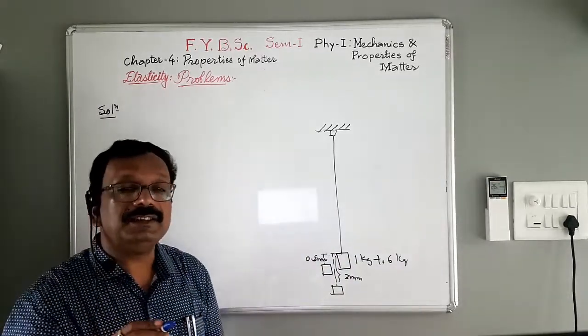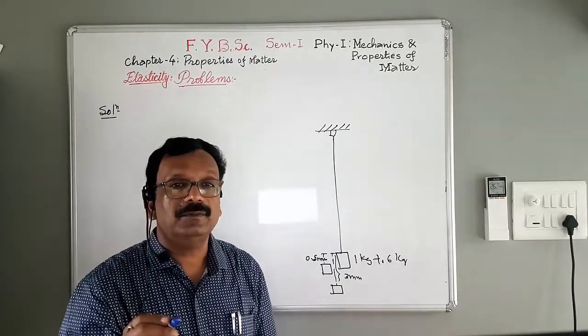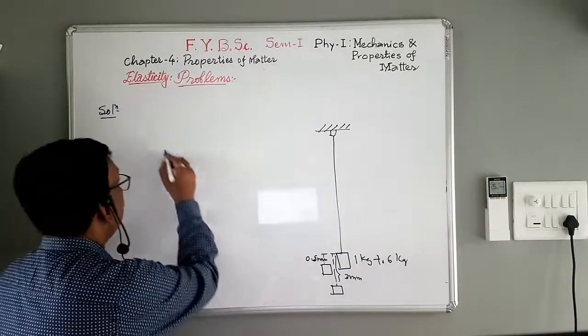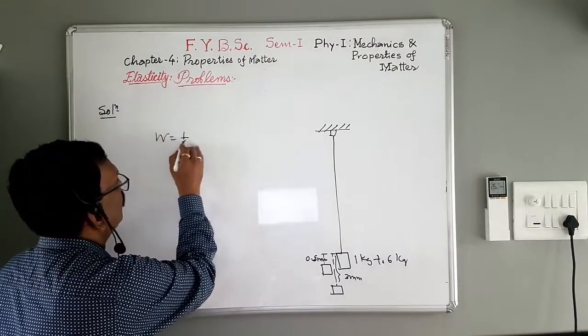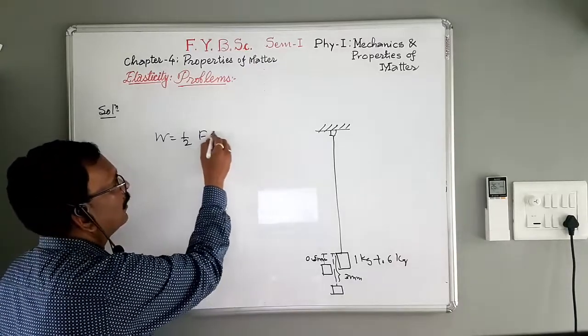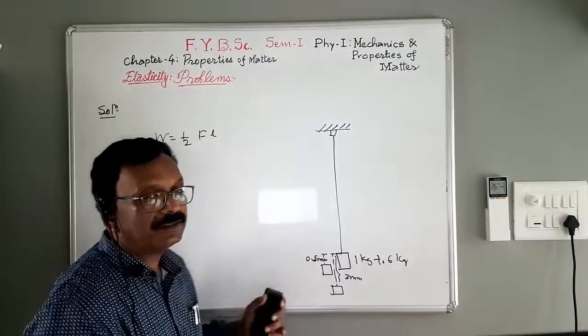Here, when a wire is stretched a distance L by a force, the work done is W = 1/2 FL, where we apply the force and elongation of the wire takes place.